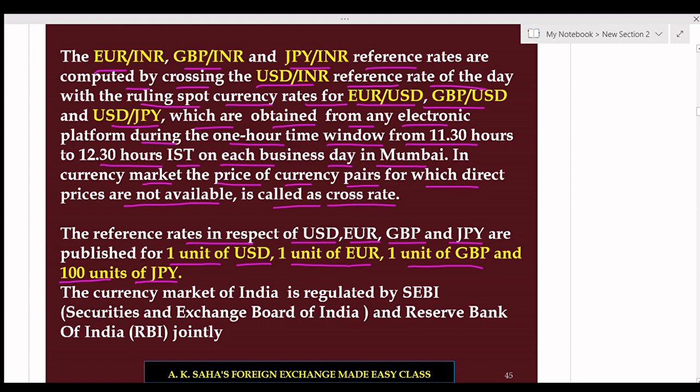The currency market of India is regulated by SEBI, Securities and Exchange Board of India, and Reserve Bank of India jointly.